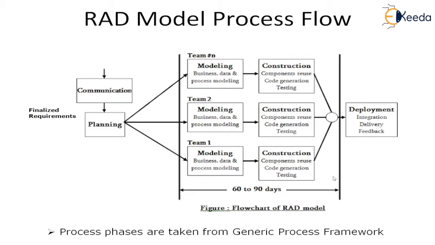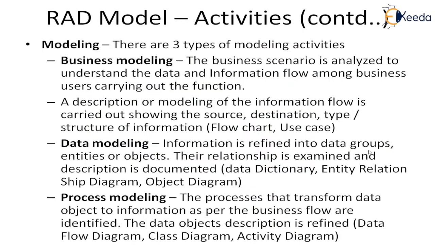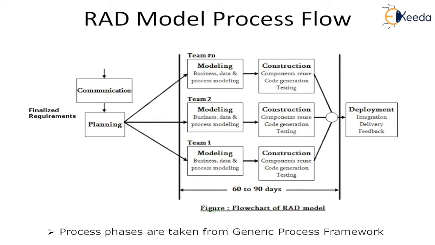So this is 3 months, and then we have some time required for the communication, some time for the planning, and some time for the integration and deployment. So automatically we can see that we are achieving a very tight, low delivery time for this model. That is why it is called rapid application development.